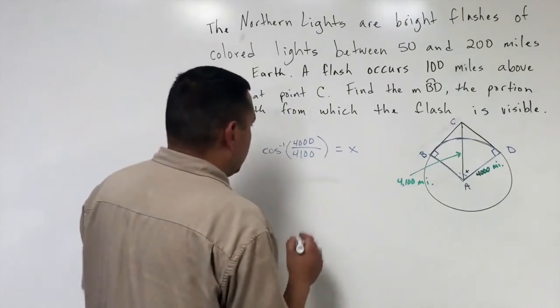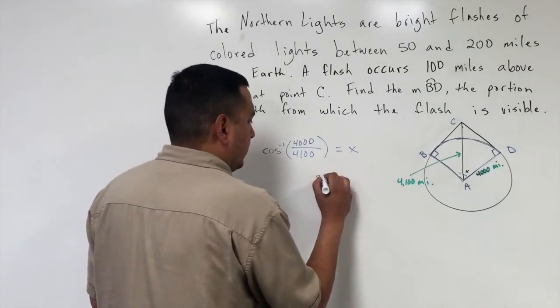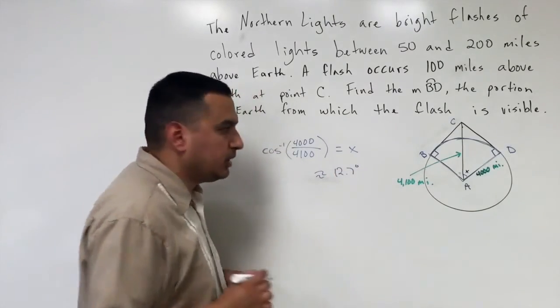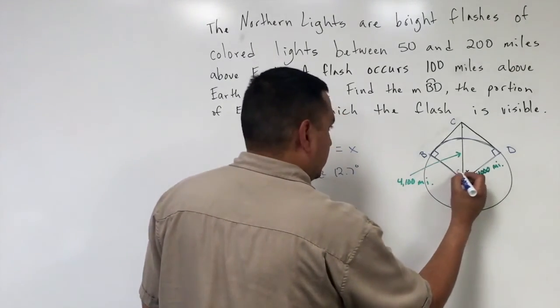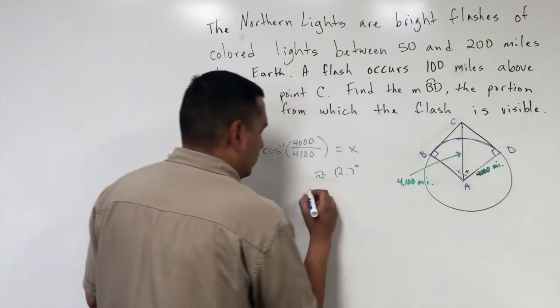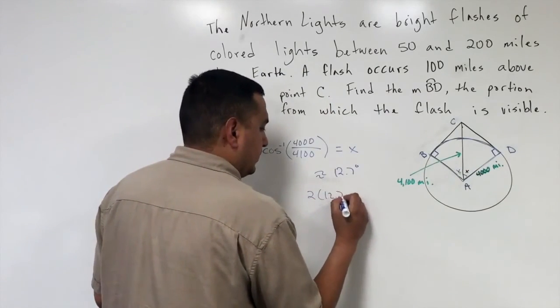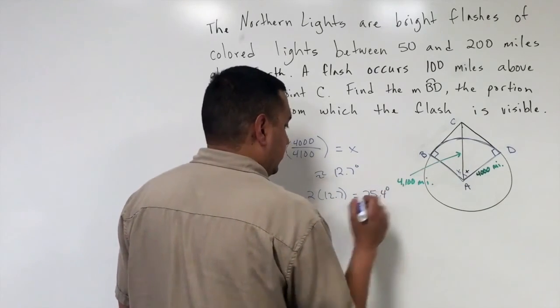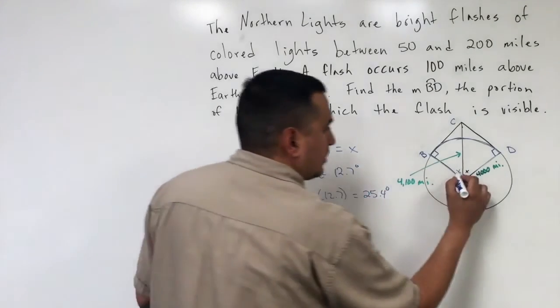Putting this in the calculator rounds out to be about 12.7 degrees. Remember we're doubling it, so this is x as well. So 2 times 12.7 is about 25.4 degrees, which is this angle here.